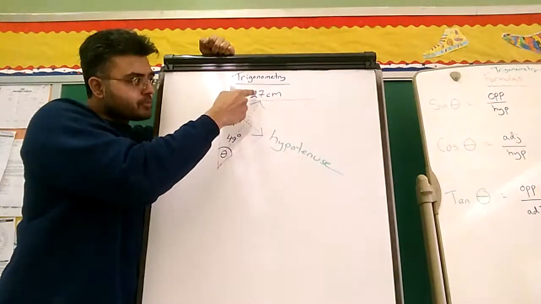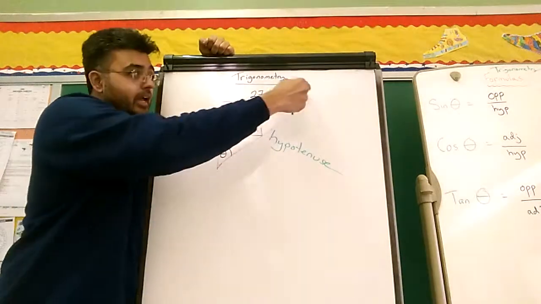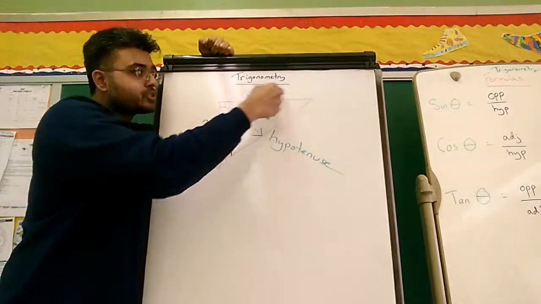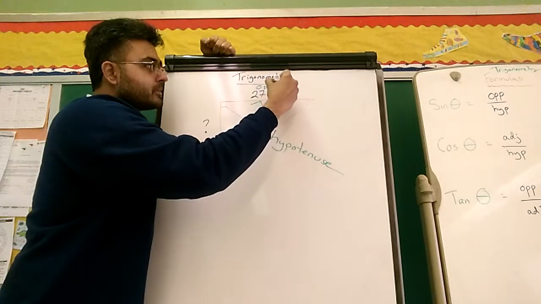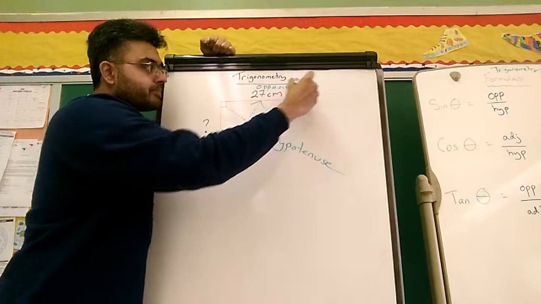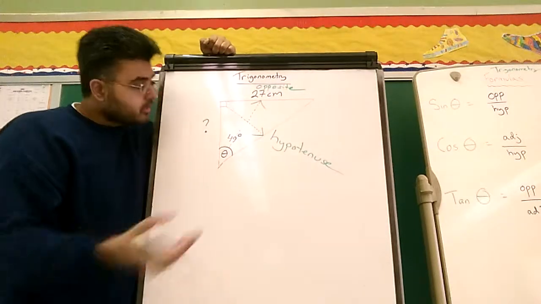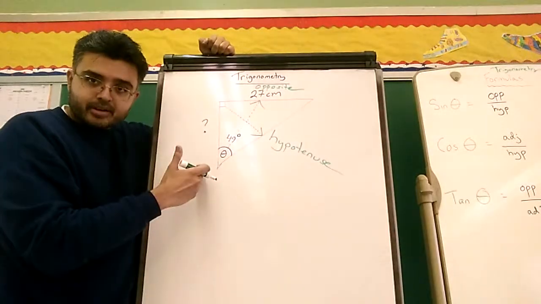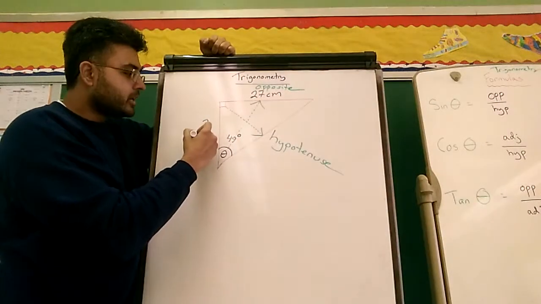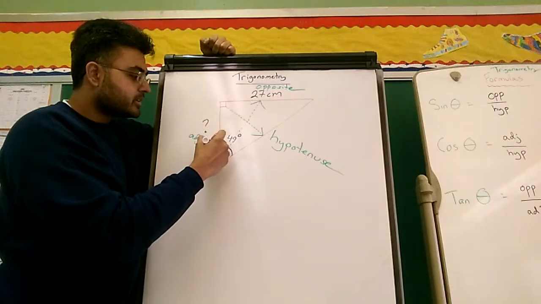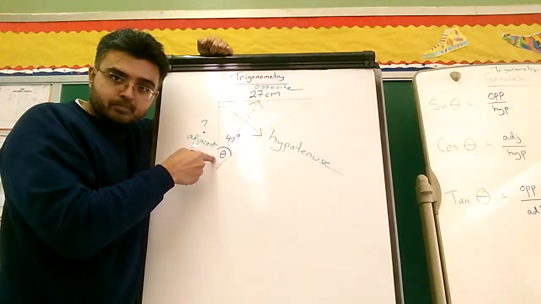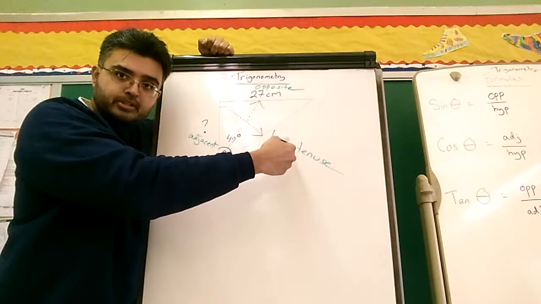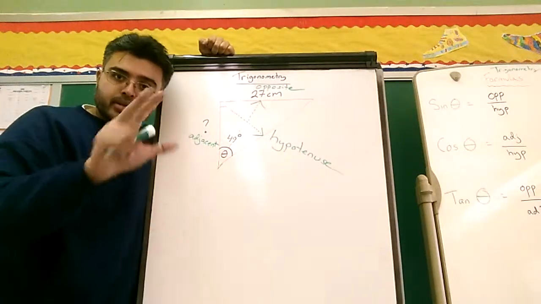Draw an arrow straight from the small angle to the opposite side. And what is this side of the triangle called? This side is called the opposite. And finally, what is this side of the triangle called right here? This side is called adjacent, which is a fancy word meaning next to the angle. Opposite, hypotenuse, adjacent. Step 1, done.